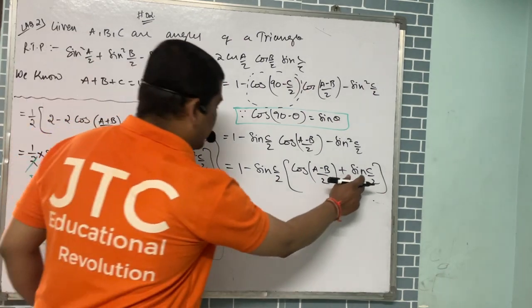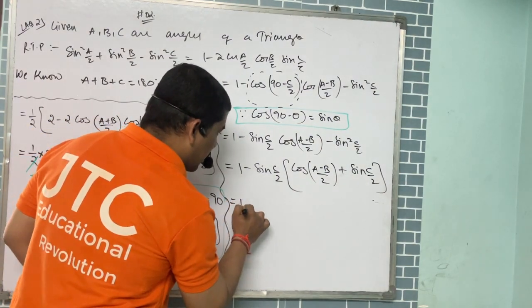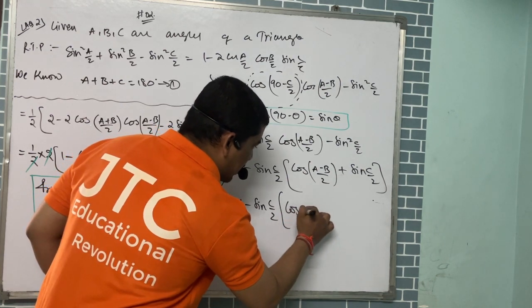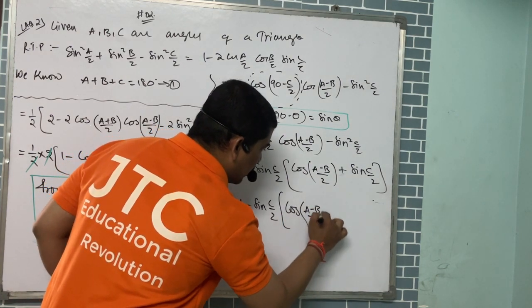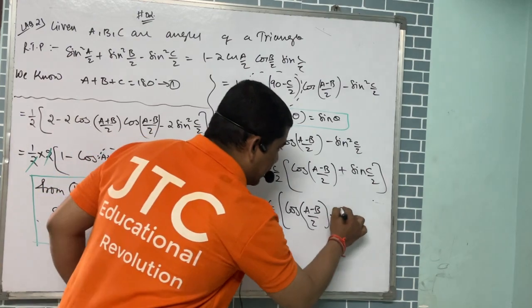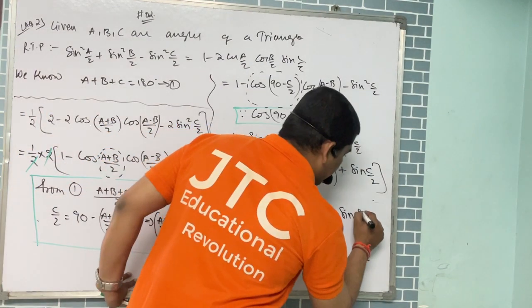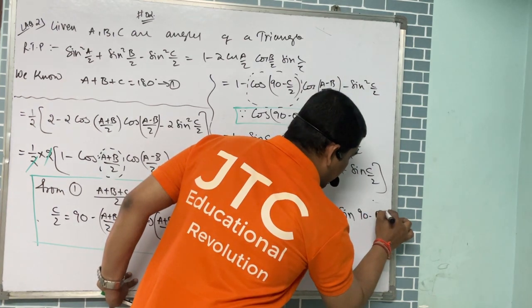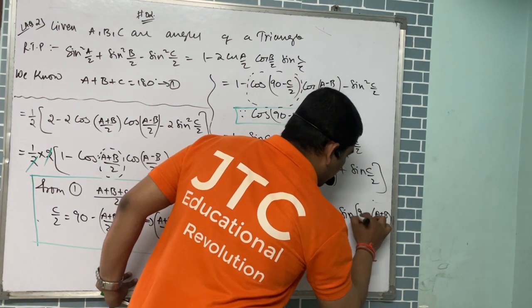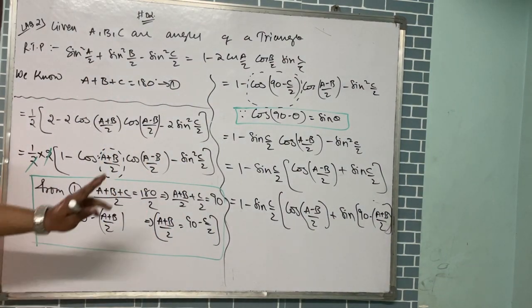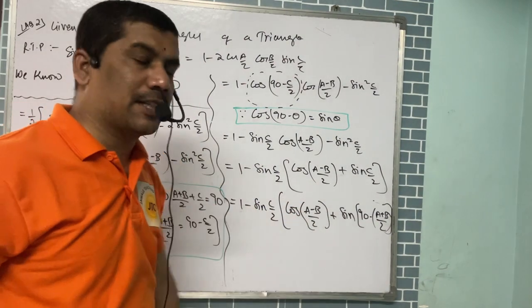So I use that part here. 1 minus sin c by 2 cos a minus b by 2 plus sin c by 2, in place of c by 2 I am writing 90 minus a plus b by 2.